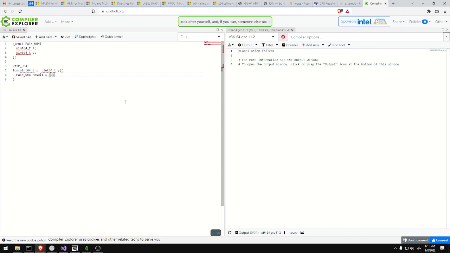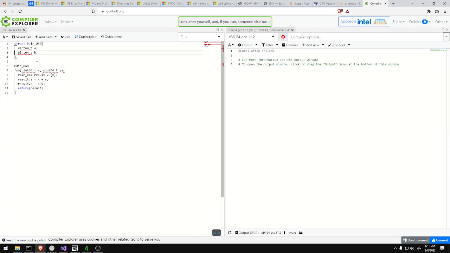Result equals 0, result.a equals x plus y, result.b equals x or y, return result.